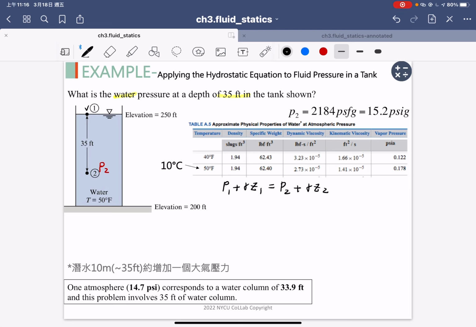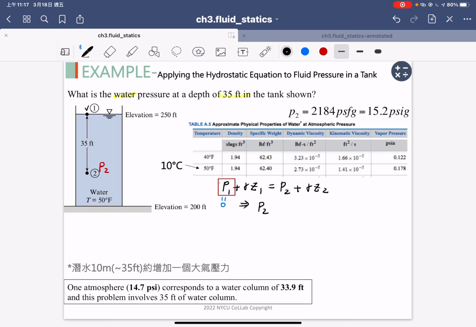And because we consider gauge pressures, the P1 here is exposed to the air, so the gauge pressure at location 1 is equal to 0. We don't have gauge pressure at location 1 because it is located at the environment.